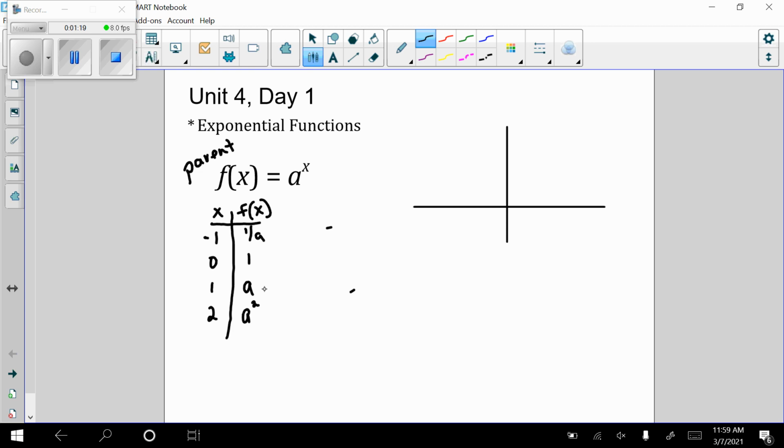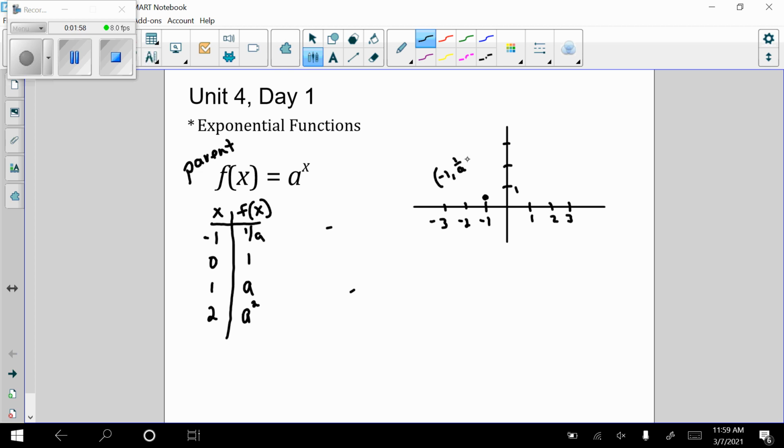So we can look at that on a graph. If I make my x-axis whole numbers, and I make my y-axis, that has to be 1 because I know that's my y-intercept. Then I'm not going to label my other intervals. So if I graph these points, I have -1, which I'm going to put right here, and that coordinate would be 1 over a.